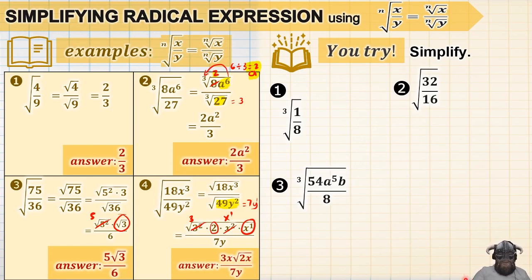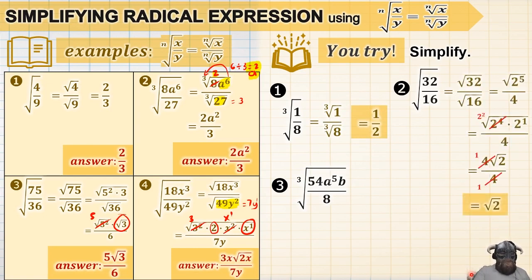Okay, let's have number 1, the cube root of 1 over 8. That is equal to 1 half. For number 2 naman, the square root of 32 over 16. That will be equal to square root of 2. Ito medyo maraming nangyari. But the final answer yan. Tignan nyo na lang kung saan part kayo siguro nakalimutan nyo i-simplify or nakalimutan yung gawin.